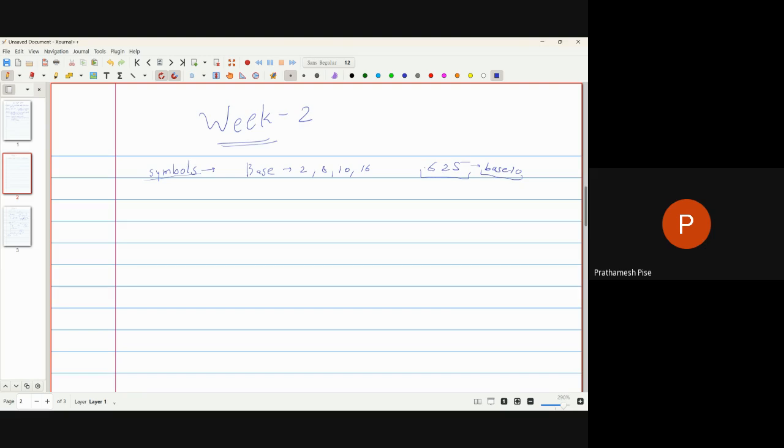Because these three digits can also be in base 7, can't they? These three digits can also be in base 7, base 8, and any base larger than base 7. This number can exist in any base that is higher than base 7.